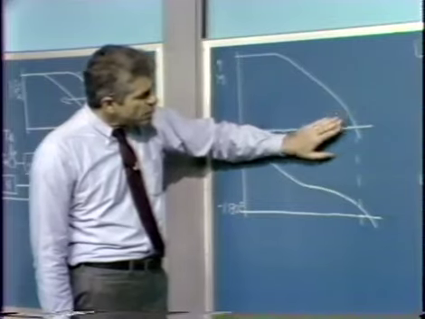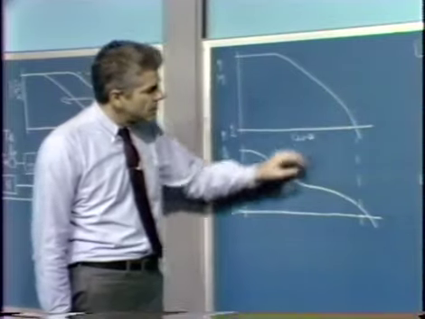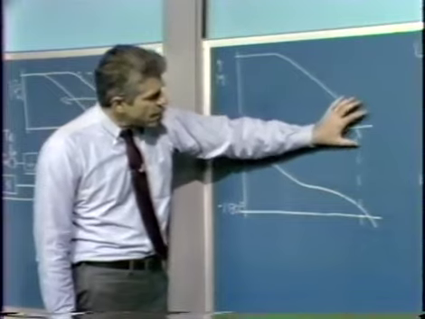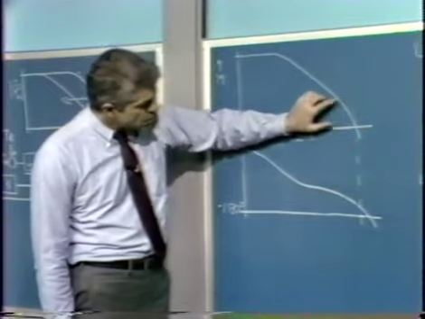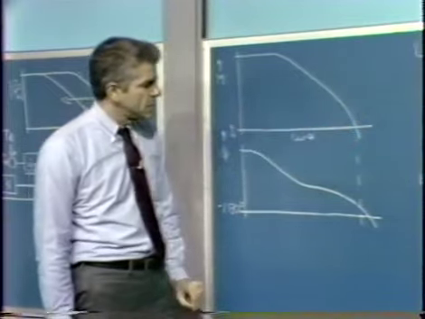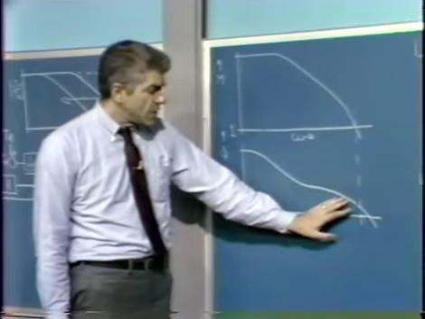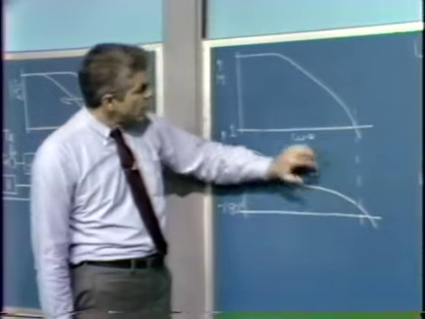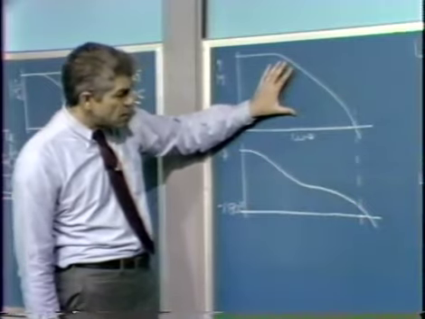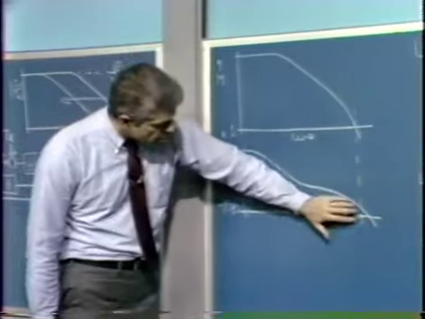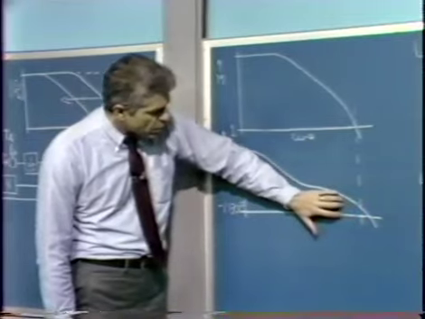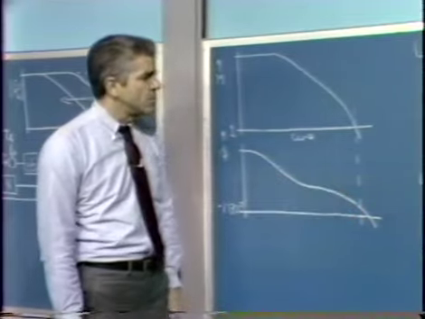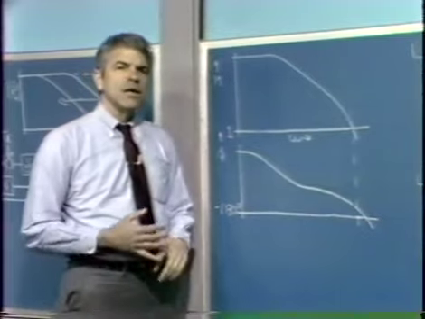Suppose we could find a way of modifying the loop transmission so that we push down the magnitude in this vicinity, so that we crossed over at a lower frequency without making a significant change in the angle. If that were the case, crossover frequency would lower. We'd still have our original desensitivity at lower frequencies. Because the crossover frequency lowers, we'd end up with a greater amount of phase margin. So those are the two things we might like to do.